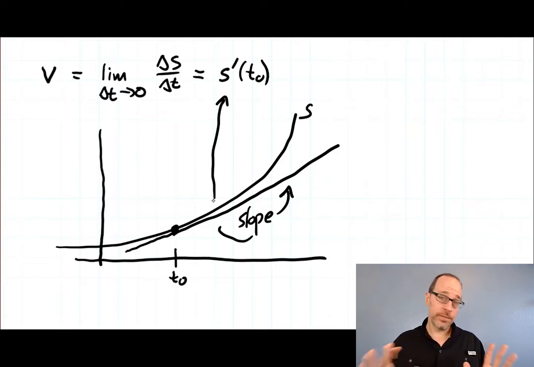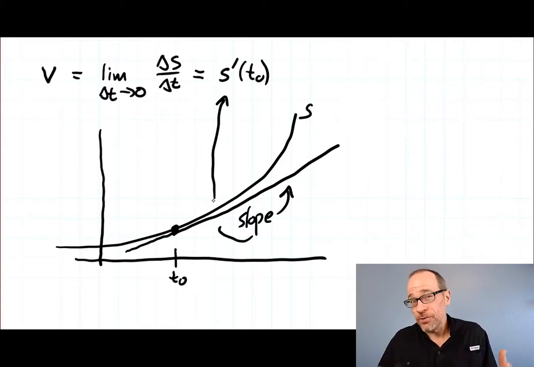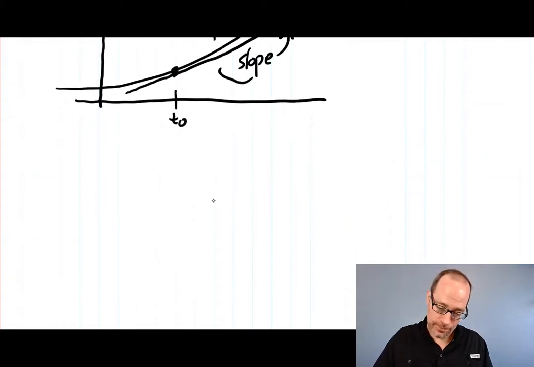All right, that worked for position, but in fact we can do this with any function. It's just we don't call it velocity, average, or instantaneous anymore. We just call them rates of change.